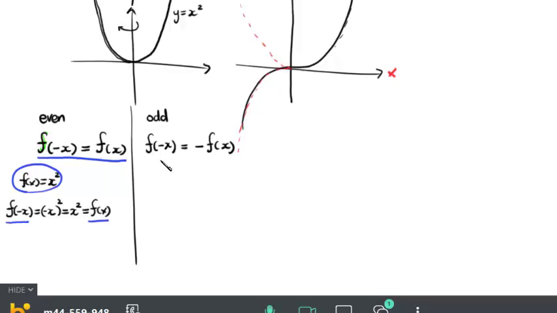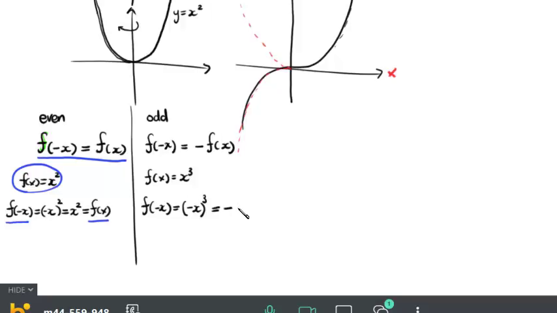We're now going to try odd functions. We know that f of x is equal to x cubed is an example of an odd function. Is that right? We're going to plug in, starting with f of negative x. This is equal to negative x to the power of 3. But if you do negative to the power of 3, then the negative survives.